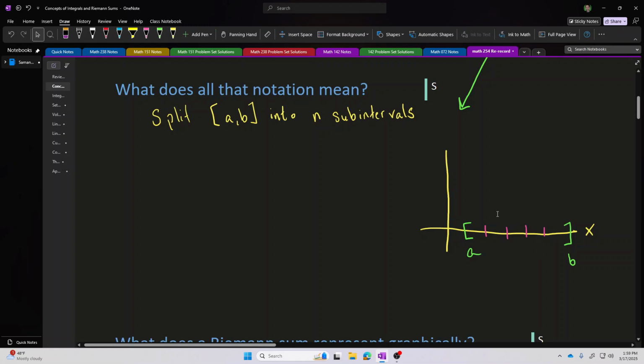Or you might choose the x value that's directly in the middle of each subinterval. That's common as well. Whatever you decide, we're going to let this notation xi star represent the x value that you have chosen out of subinterval i.